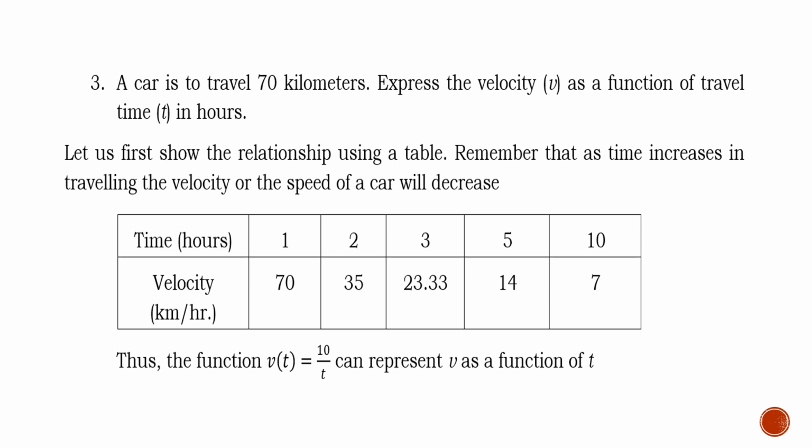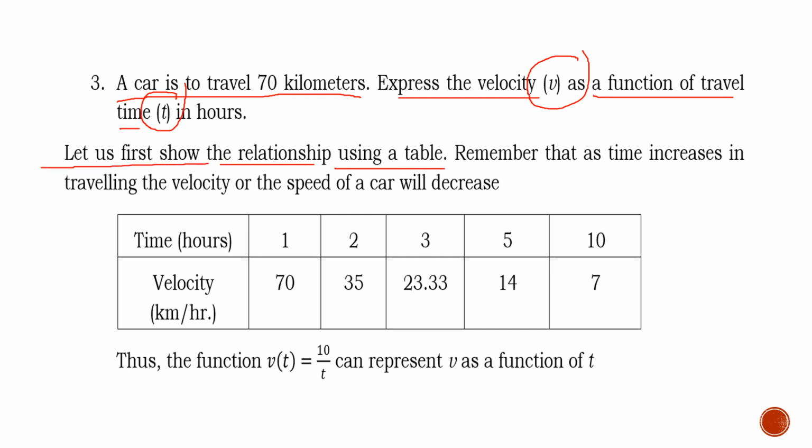For number 3, a car is to travel 70 kilometers. Express the velocity, which we represent by b, as a function of travel time t, in hours. Let us first show the relationship using a table.